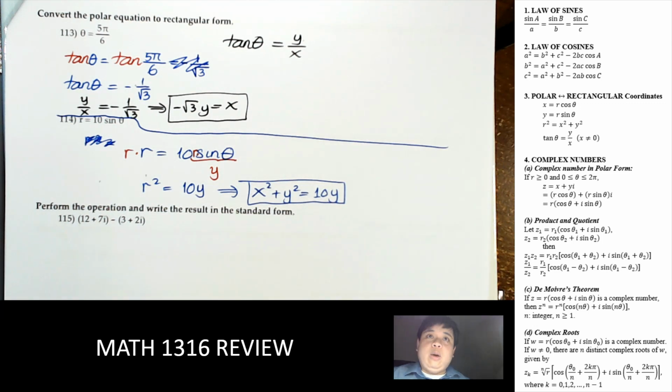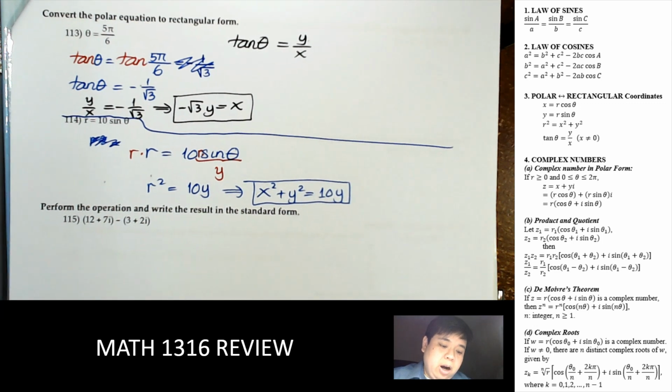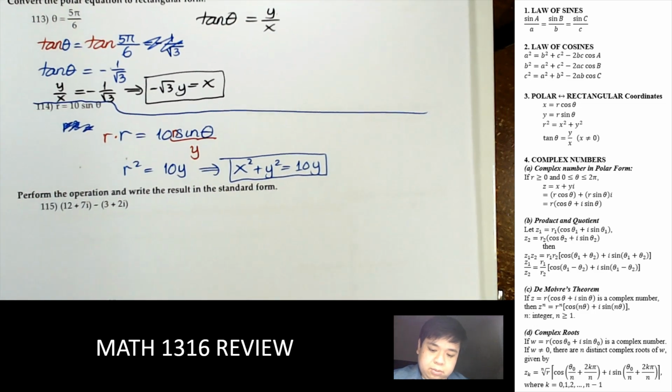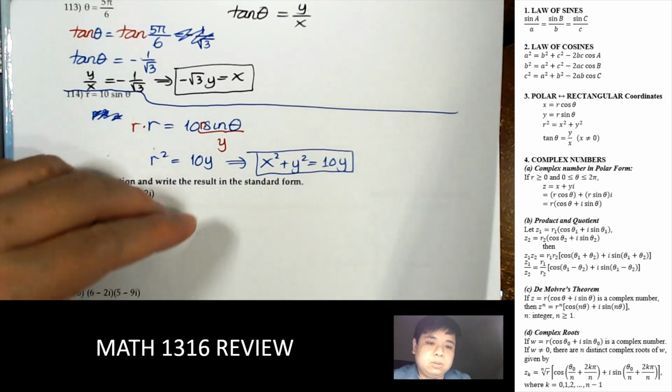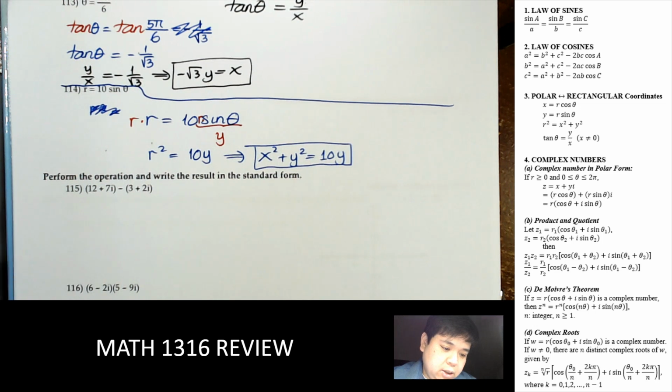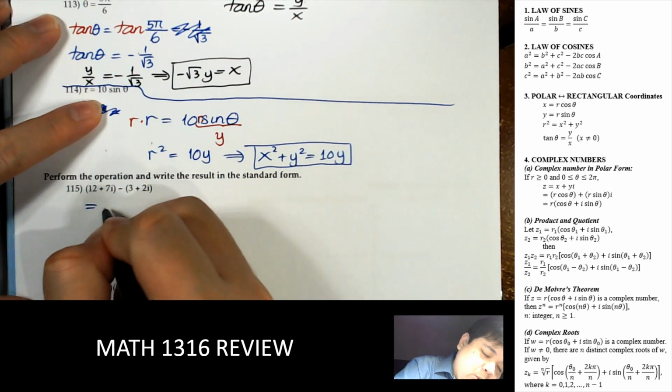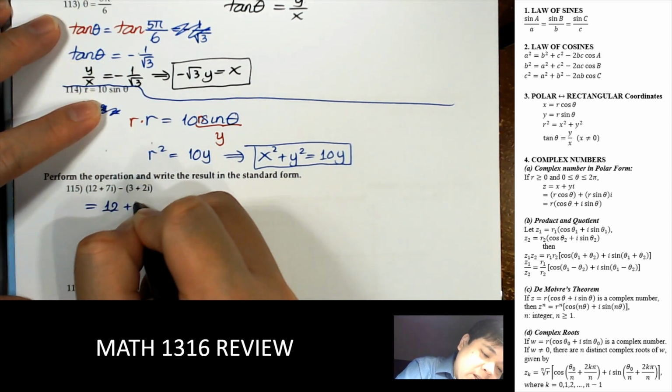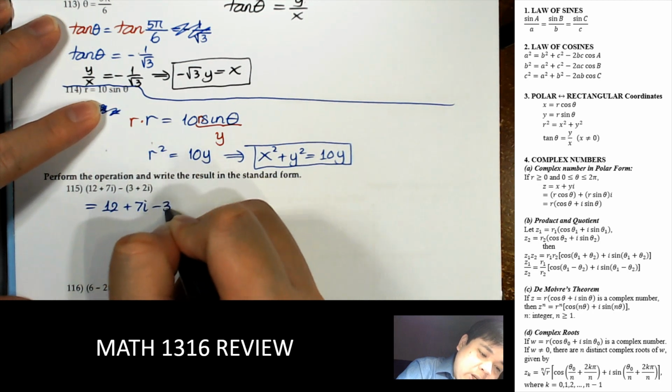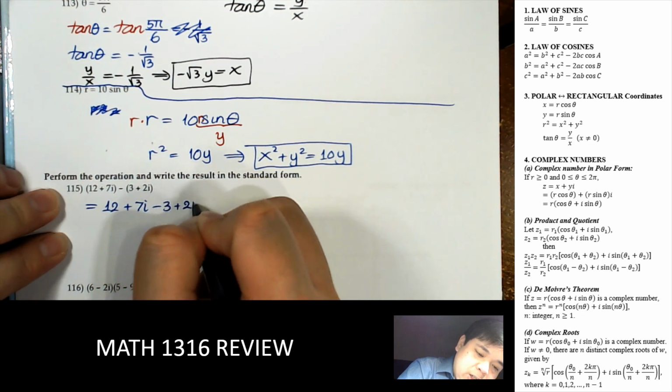Right. Now we're on to the last part of the review, complex numbers. Adding and subtracting is very simple, just combine like terms. So we're going to have 12 plus 7i minus 3 plus 2i.